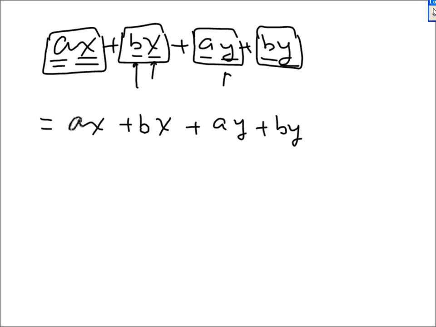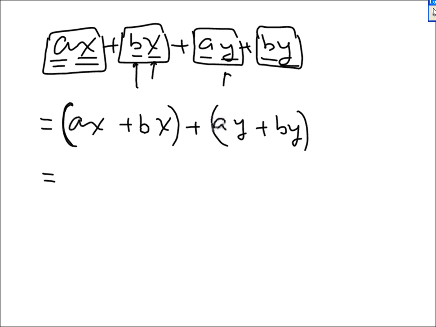Well, not necessarily. You should always factor out what's common first, and then use some other techniques. When you see four terms, you should think about factoring by grouping. You group the first two terms, you group the last two terms, and then you factor each grouping separately.